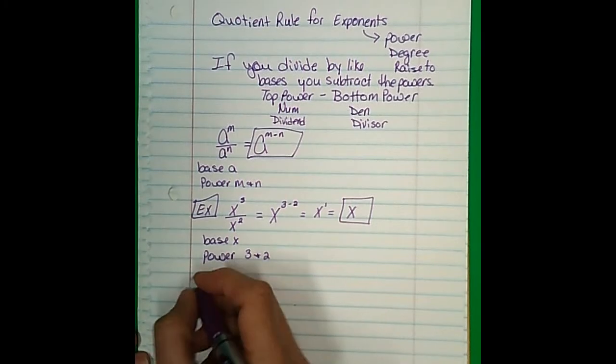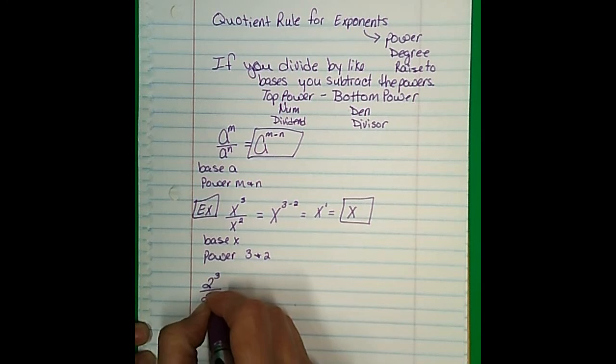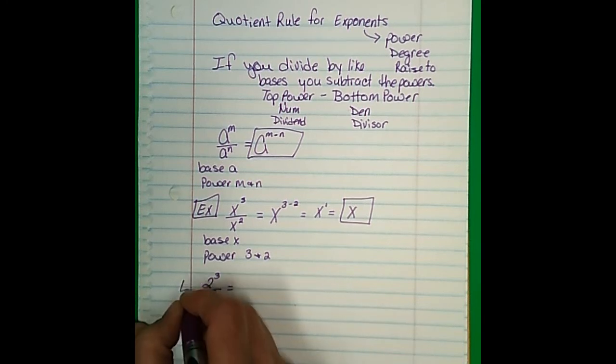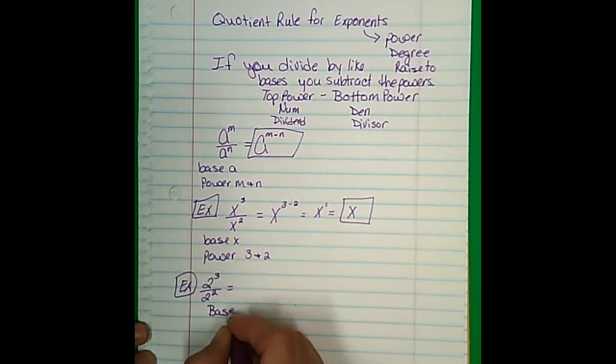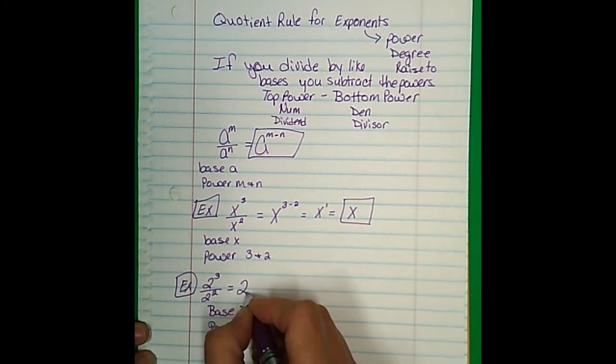So let's use a value that we do know, because I mean x, I don't know the value of x. So let's use 2 cubed over 2 squared. So you agree the base here is 2, and the powers here are 3 and 2. I'm going to write my base once.